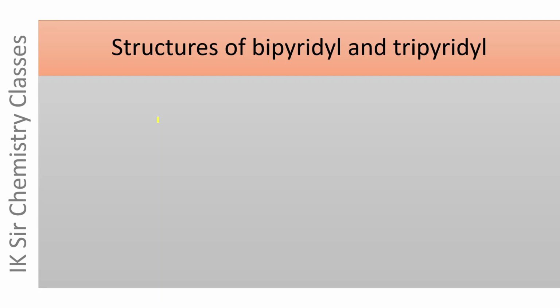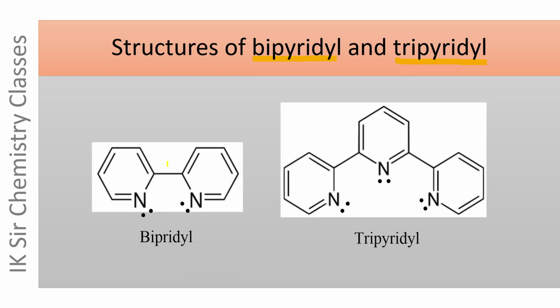Let us see structures of bipyridyl and terpyridyl. This is bipyridyl, which contains two donor nitrogen atoms. It is a bidentate chelating ligand, while terpyridyl contains three donor nitrogen atoms, and hence it is a tridentate chelating ligand.